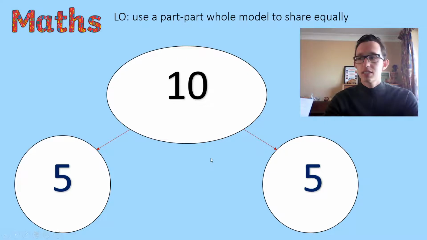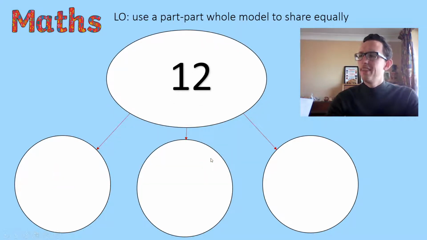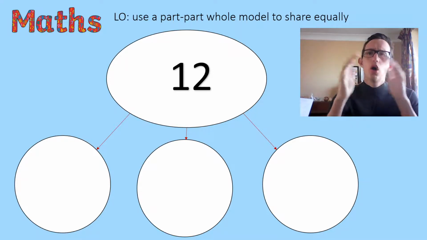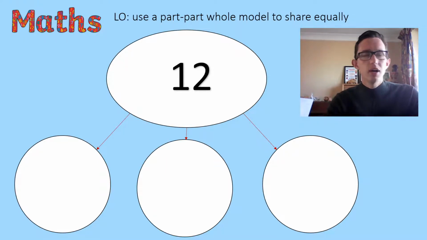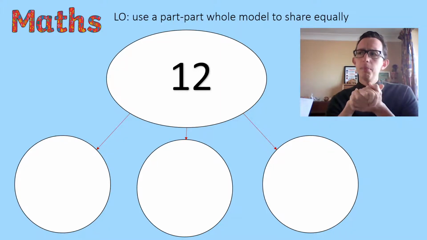So the next one, let's have a look. And this is the number. What number is in our whole section? Well done if you said that the number 12 is in the whole section. And how many parts are we splitting it up into?